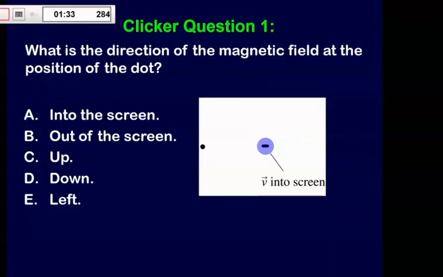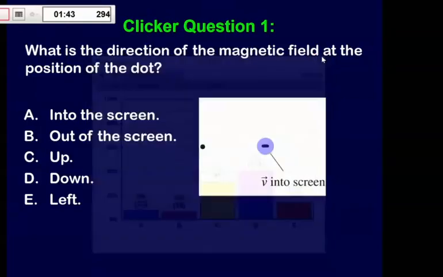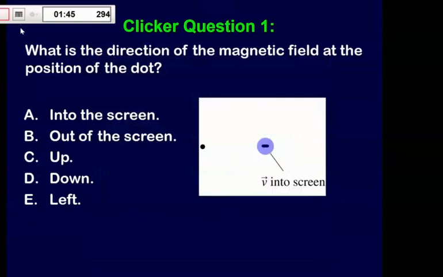Okay, so if you look here, it's one of those cases where there's some confusion, but most people got C or D, and I think we'll be able to clear up that problem. Let's look at this here. The way you would do this is with our curly right-hand rule from last time. Here, the velocity goes into the screen.